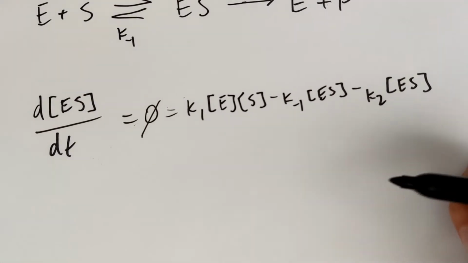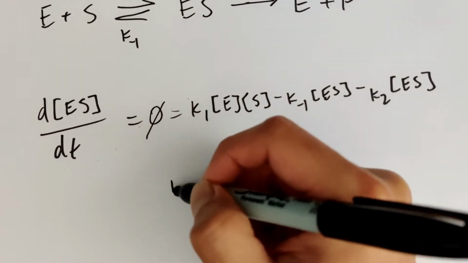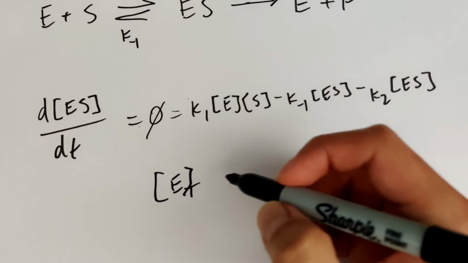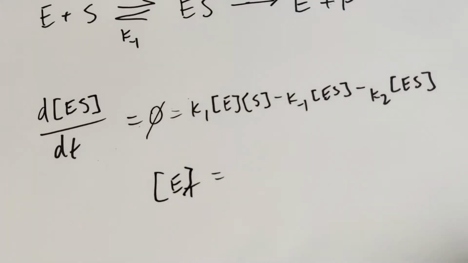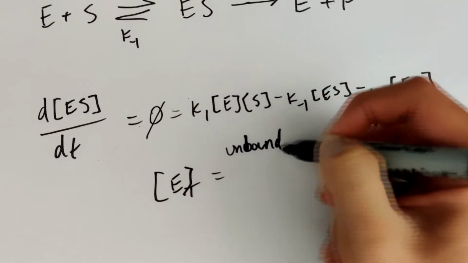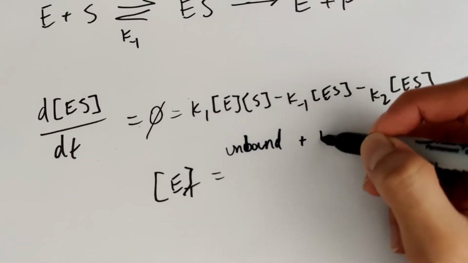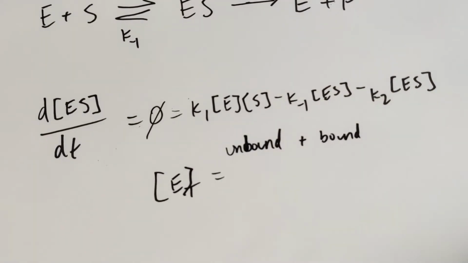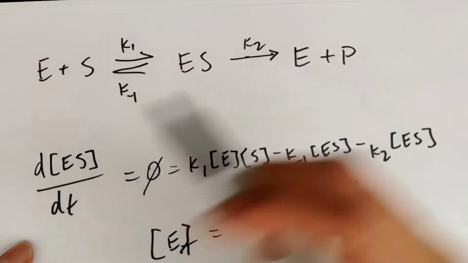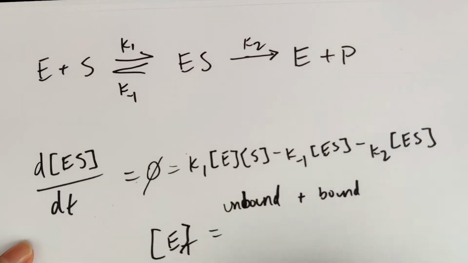we'll want to consider the total enzyme concentration. This is a sum of the unbound plus bound enzyme. Unbound would be referred to as the enzyme at the reactant side of the reaction and the product side of the reaction.